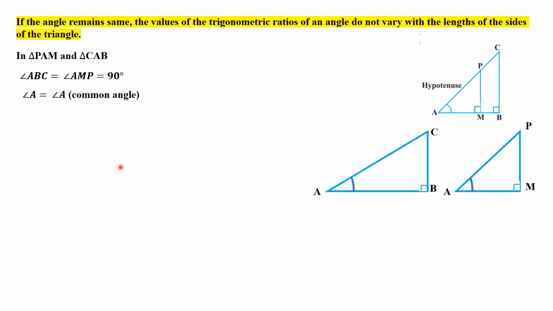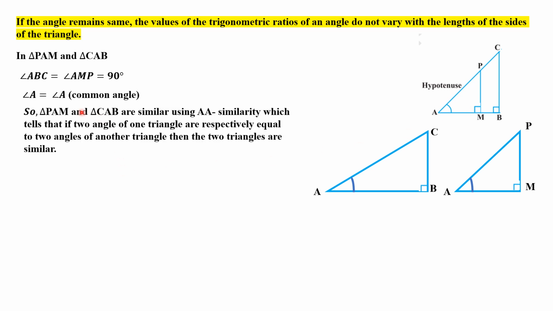And we have already studied that these two triangles will be similar using AA similarity. Why? Because this similarity tells that if two angles of one triangle are respectively equal to two angles of another triangle, then both the triangles will be similar. And when the triangles are similar, their corresponding sides will be proportional.